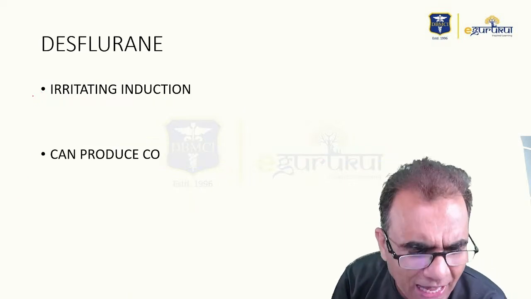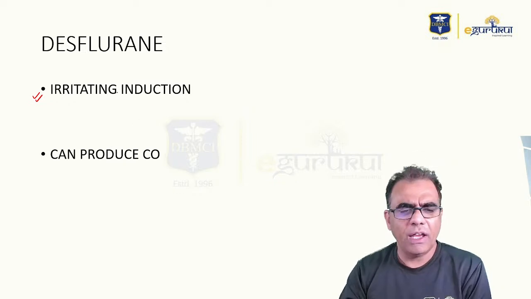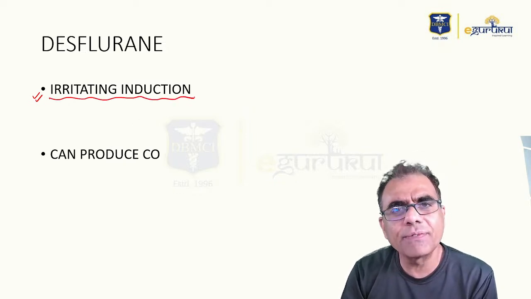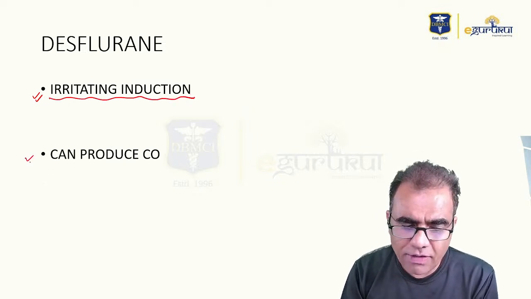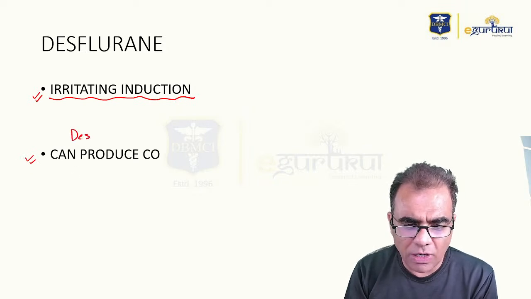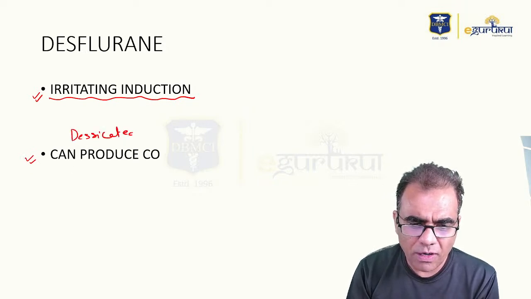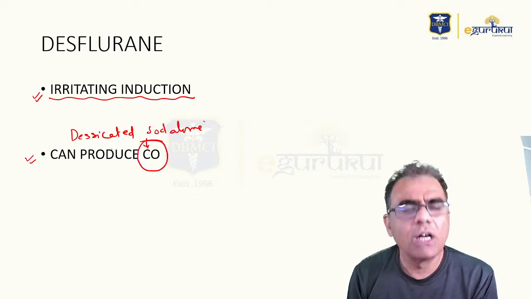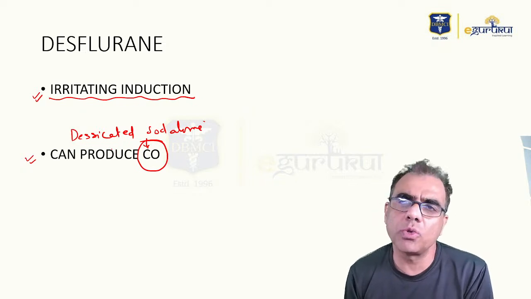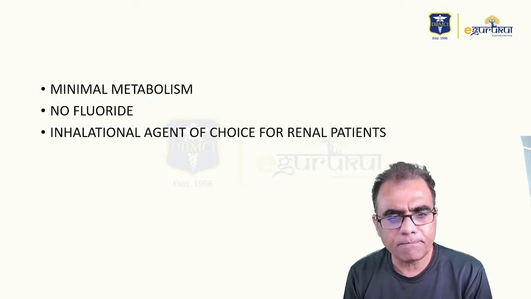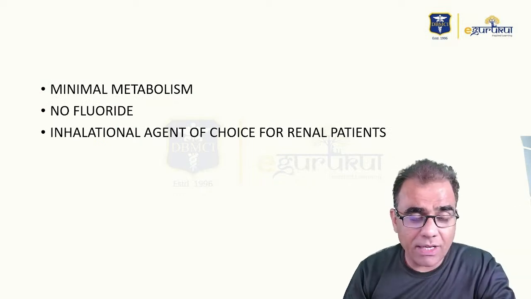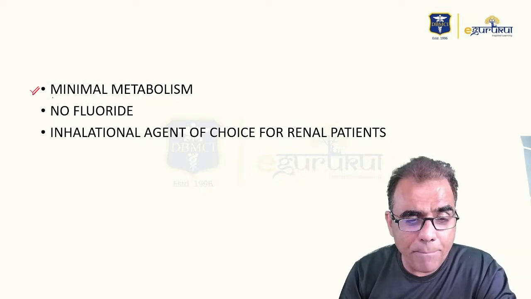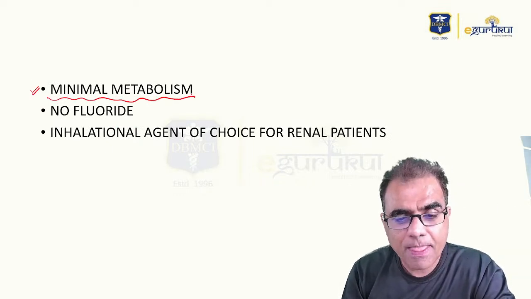Desflurane, like isoflurane, also has got irritating induction. And already we have discussed that with desiccated soda lime, means dry soda lime, it can produce carbon monoxide. Then the advantage of desflurane is minimal metabolism.